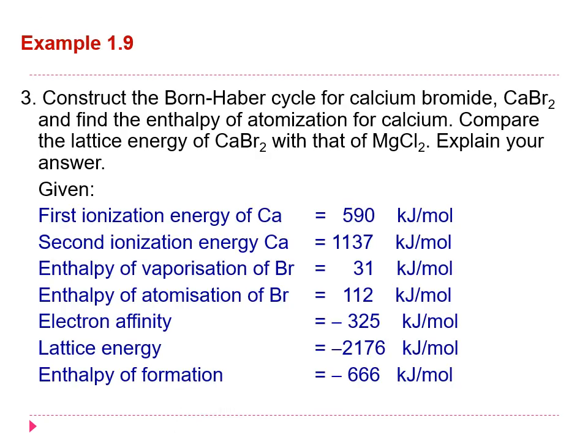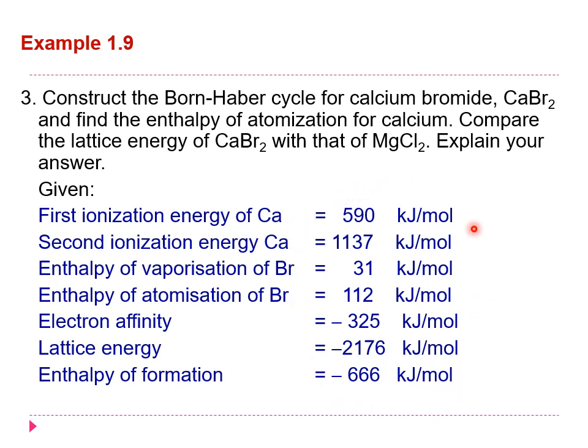Question number 3 is even more challenging because you have to construct the Born-Haber cycle for yourself. And for which ionic compound? Calcium bromide. And you have to find the enthalpy of atomization of calcium. And you have to compare the lattice energy between CaBr2 with that of MgCl2. And then we need to explain our answers.